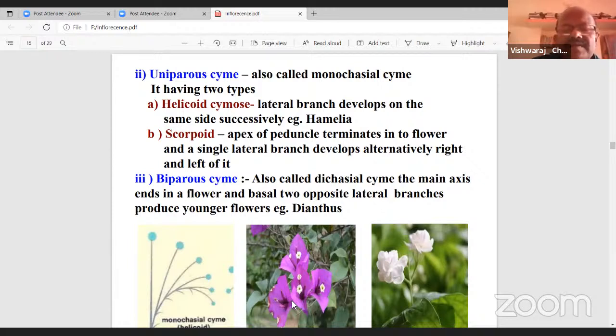At a time, two lateral younger flowers are produced, one on this side and one on the opposite side, hence called dichasial or biparous. Example, dianthus.